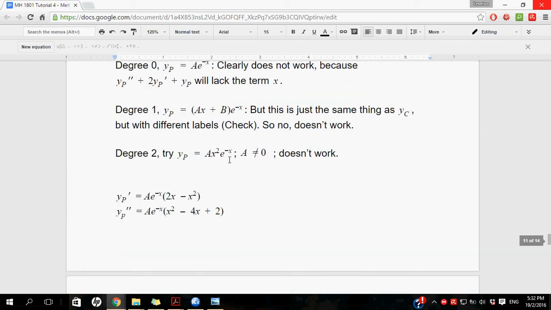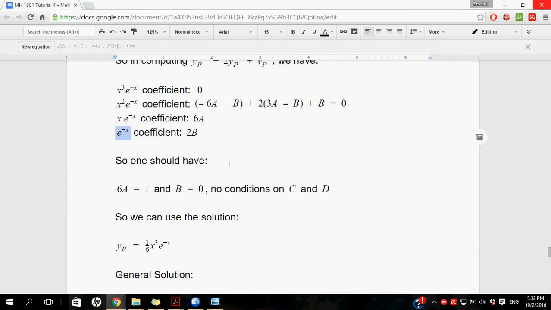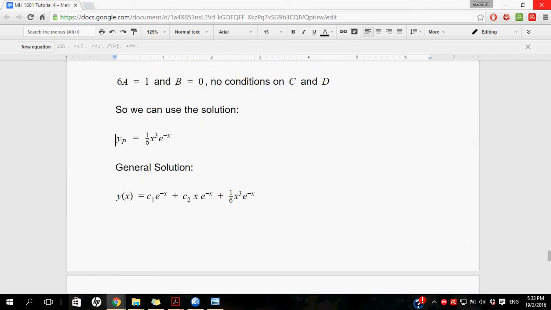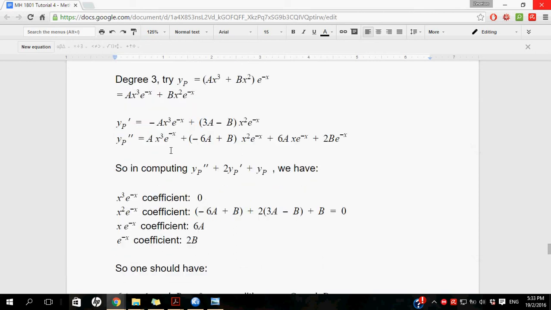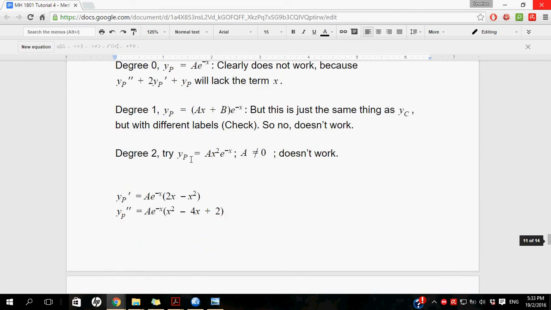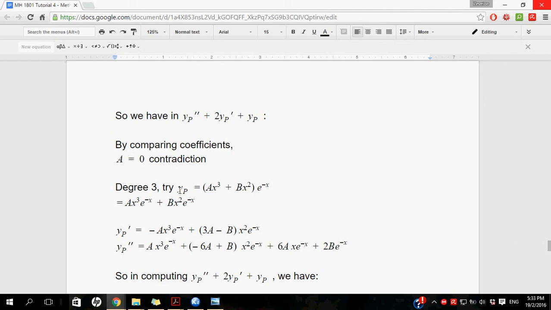Therefore, we see that we have found a particular solution. Yp can be taken to be 1 over 6 times x cubed times e to the minus x when we substitute the values of a and b into our particular choice. Sorry, not that one, but this one here.